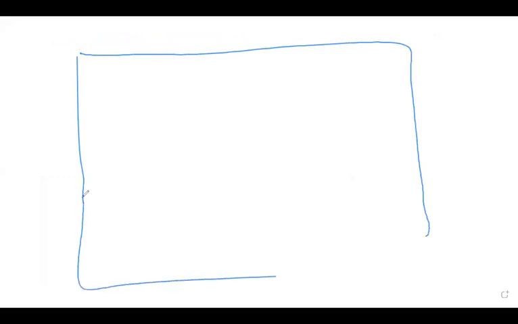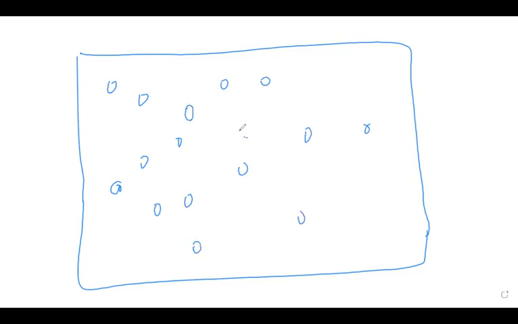So for example, if this is the network, and there are different types of nodes inside this network, and our destination node is mobile, and it's moving from one location to another.